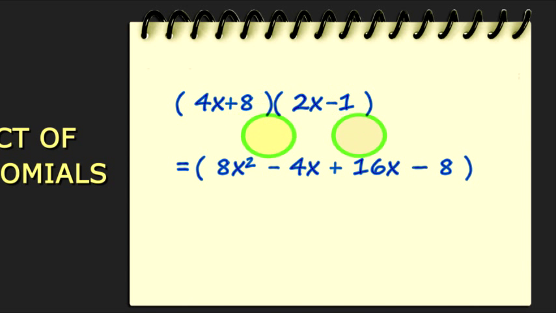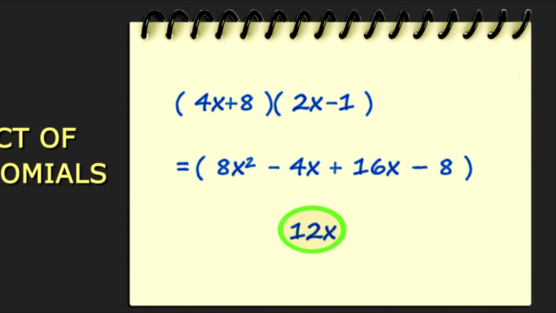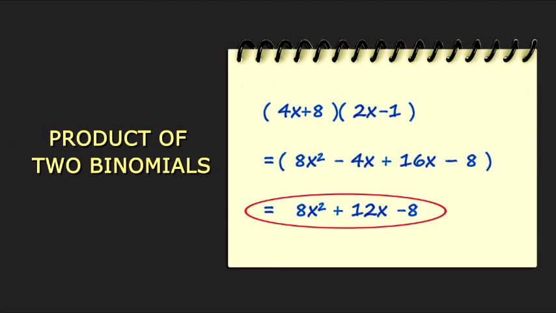Now the negative 4x plus 16x simplifies to 12x, so we have 8x squared plus 12x minus 8 as the final answer.